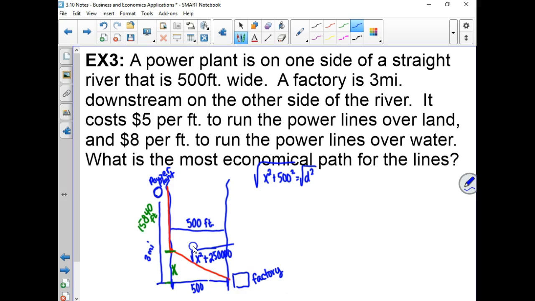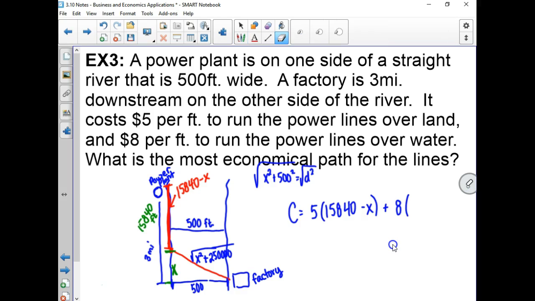And then what would we call this section right here? 3 miles is 15,840 feet, so that'd be X. So for our cost, it costs $5 to run the line over land, so it would be 5 times 15,840 minus X. And then $8 to run this over water.